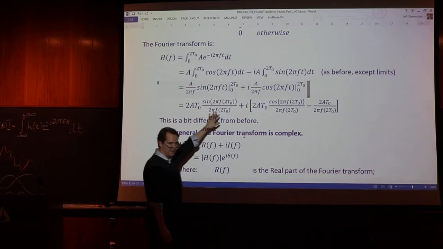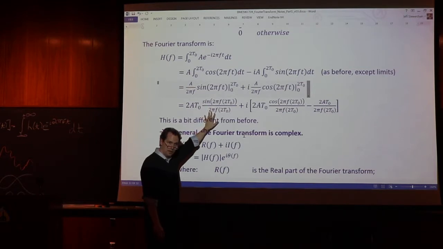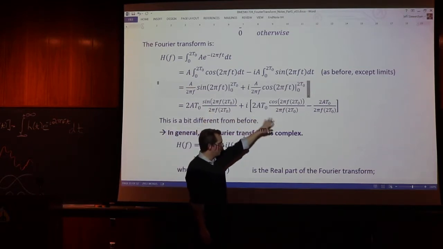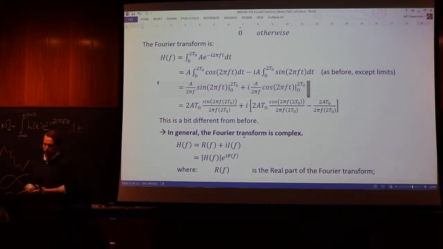Before, the imaginary term was 0, and we were just left with this sinc. The real part is the same, but somehow, just by shifting the time domain signal, I introduced an imaginary component. In general, signals are not symmetric, right? The Hockey Night in Canada theme song is not symmetric.